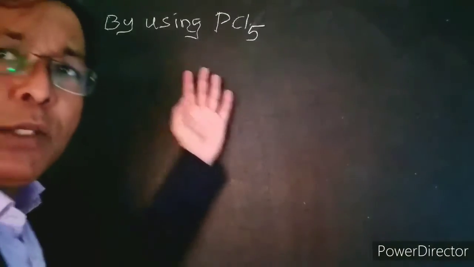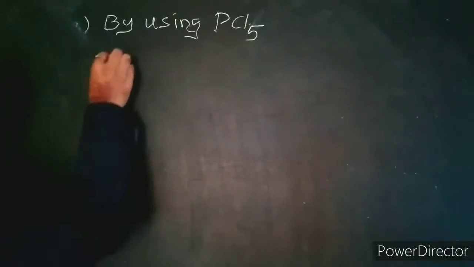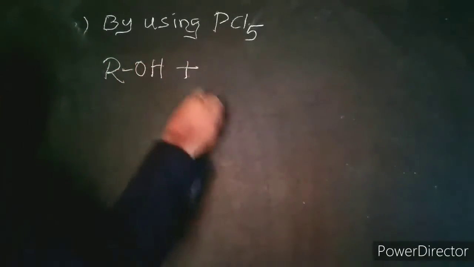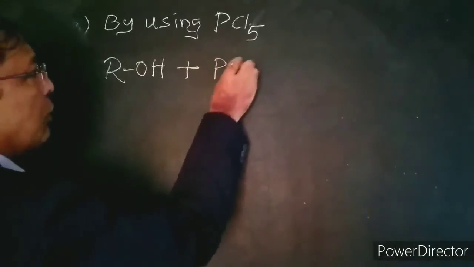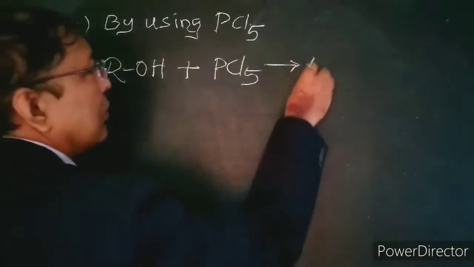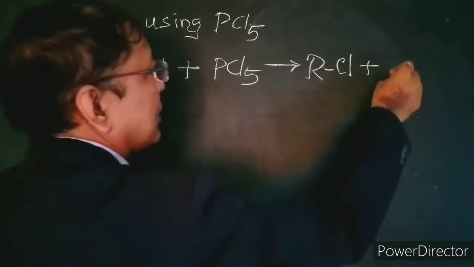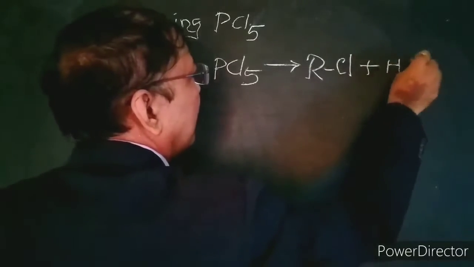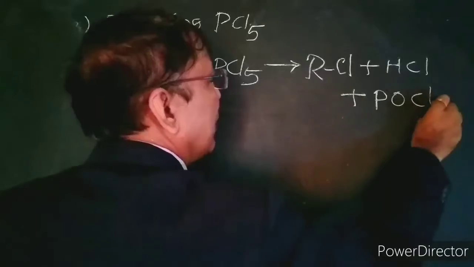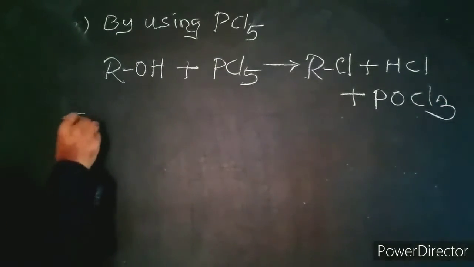Now, by using phosphorus pentachloride, when alcohols react with phosphorus pentachloride, we get alkyl chloride plus HCl plus POCl3, phosphoryl chloride. Let us take one example.